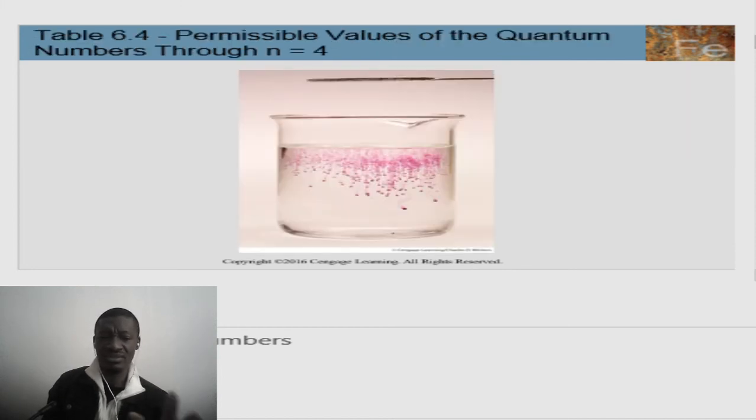So this image just shows us the permissible values of the quantum numbers through n. I don't know whether you can see it very clearly. There's a spatula that was used to pour a compound on water.